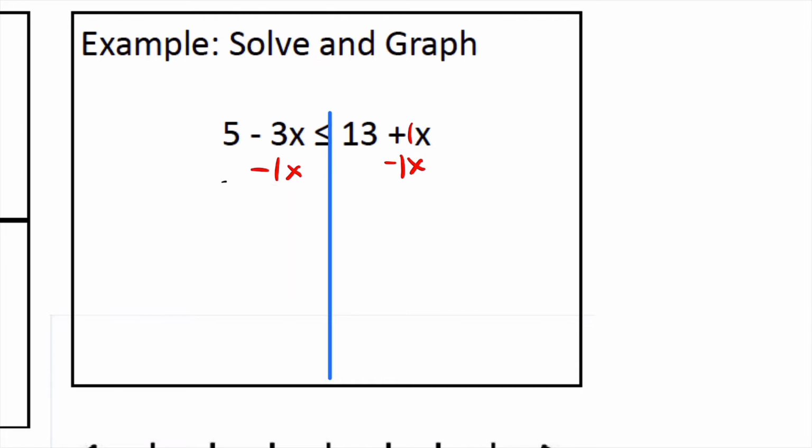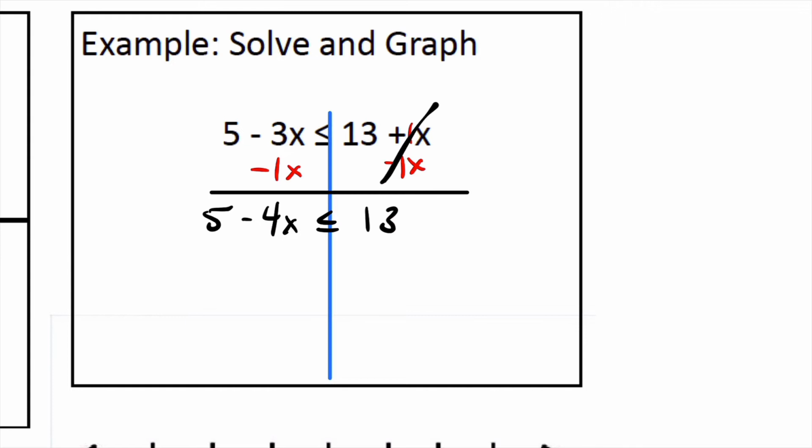Yeah, you could. It wouldn't be wrong, but I'll tell you why I'm not going to do that in a second once we're done. So this goes away. I have 5 minus 4x is less than or equal to positive 13, right? So the x's are on the left side. Now I get the numbers on the other. Subtract 5 from both sides.